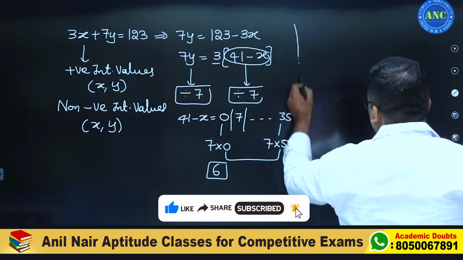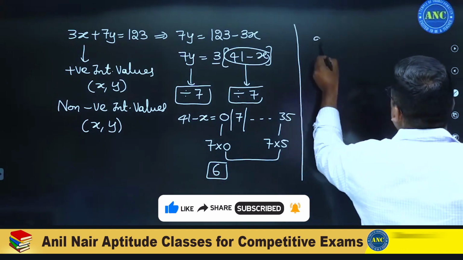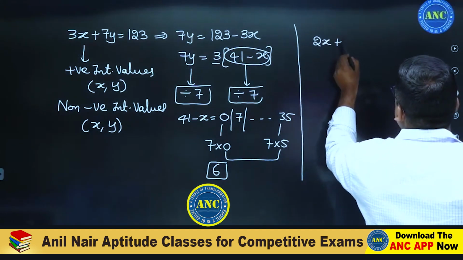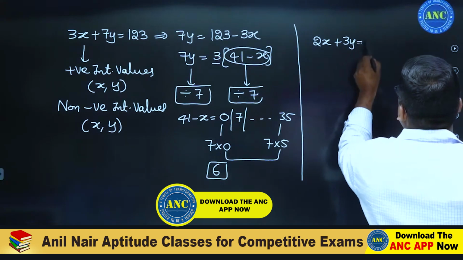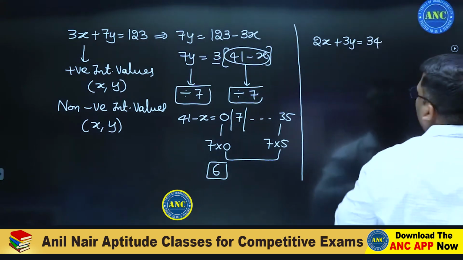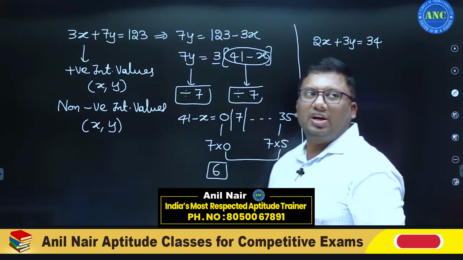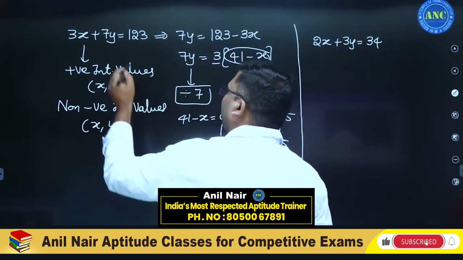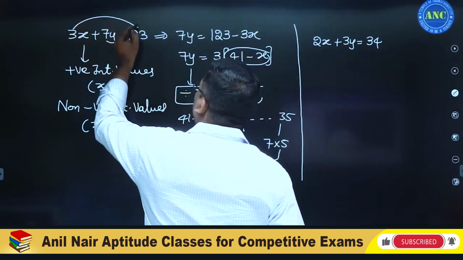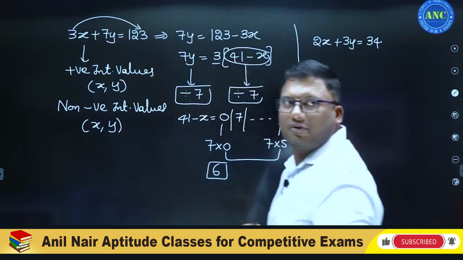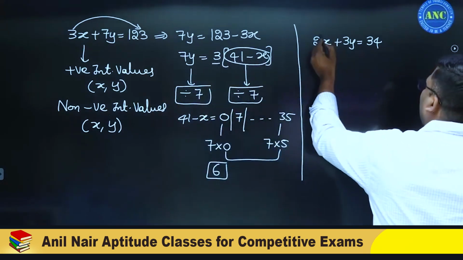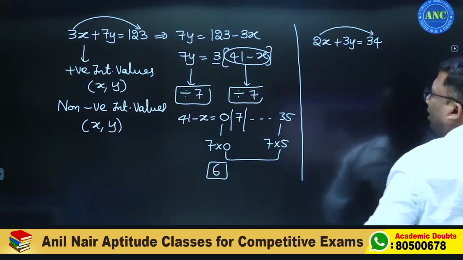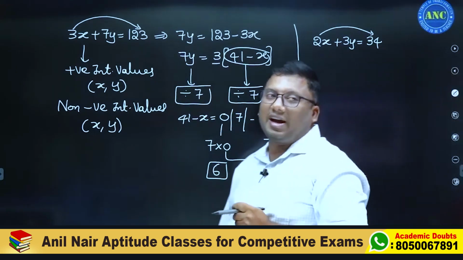Next example. With these two examples you will understand. 2x plus 3y is equivalent to 34. Earlier, 3 was a factor of 123. Here, if you observe, 2 is a factor of 34. Only one of them is a factor of the right hand side.